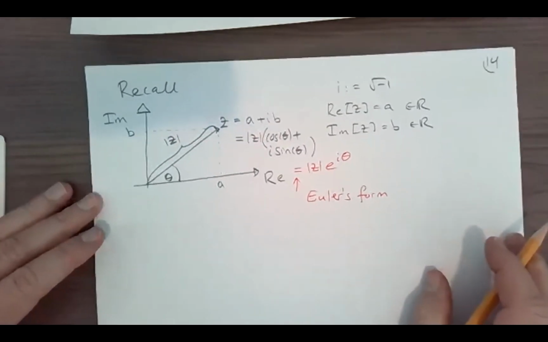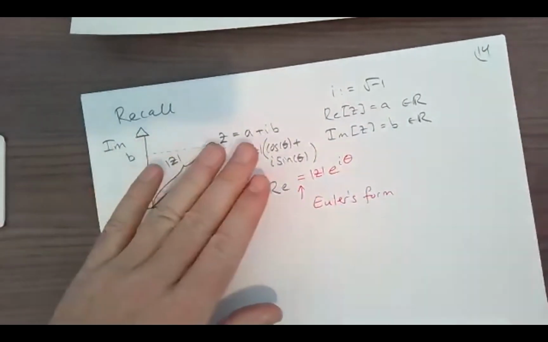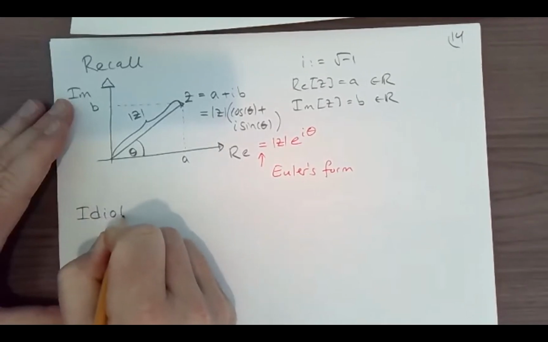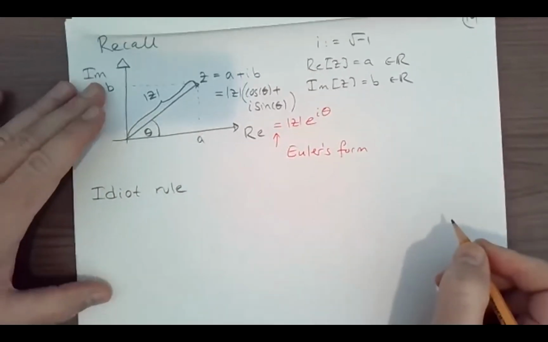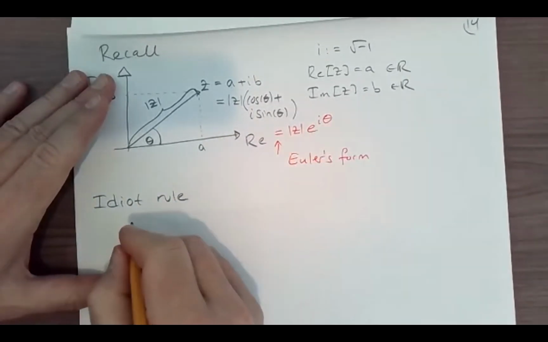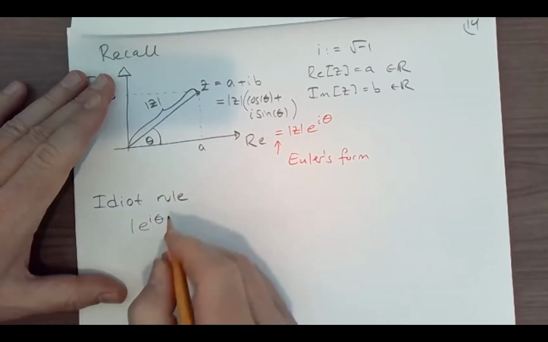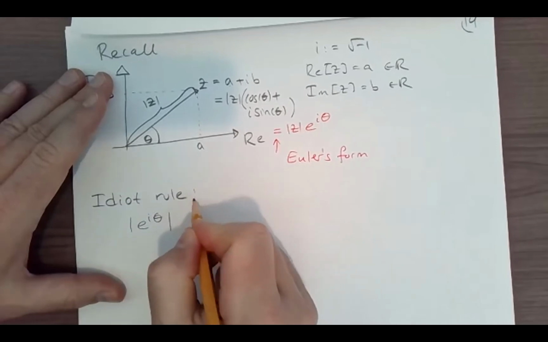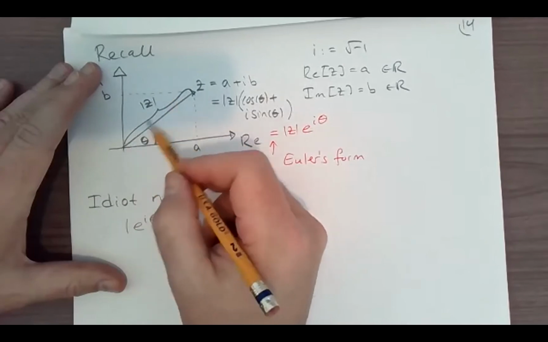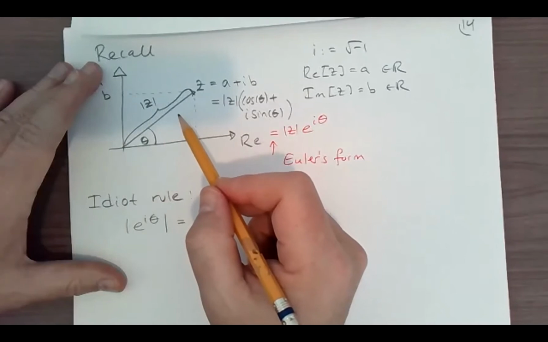When I went to school, this was called the idiot rule. It says that if I take the absolute value of e^(i theta), it's the length of a number.